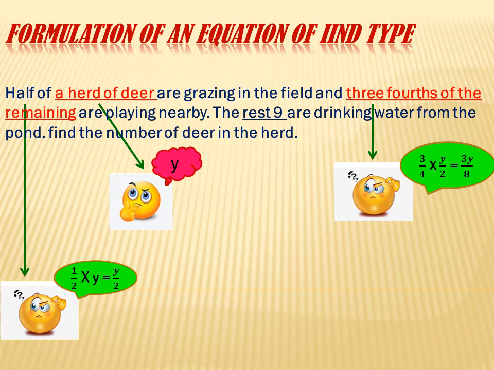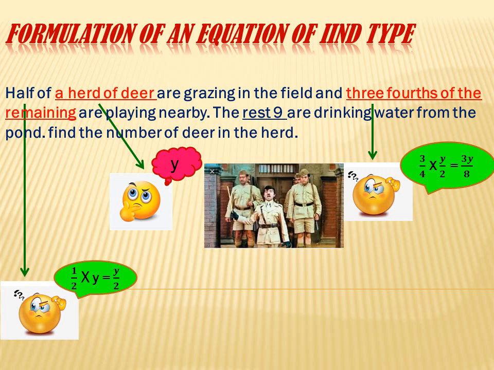Now student, while teaching this part to my students, I recall an interesting scene of the movie Sholay. Seeing this scene, you must be recalling the famous dialogue of the jailer, in which he says, half of the policemen go to left side, half of the policemen go to right side, and remaining follow me.